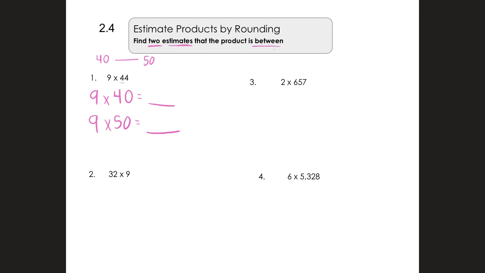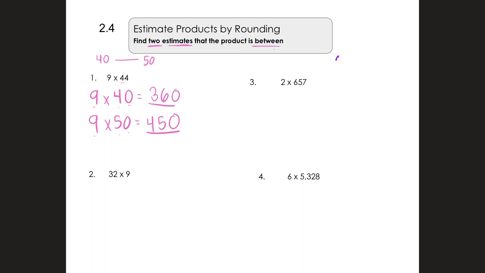And when I get those answers, I'm done. So 9 times 4 is 36, and don't forget your 0. 9 times 5 is 45, and don't forget your 0. So the answer is in between 360 and 450.